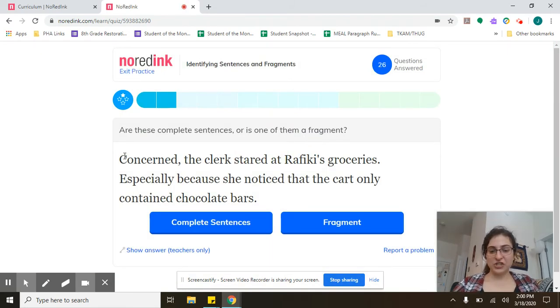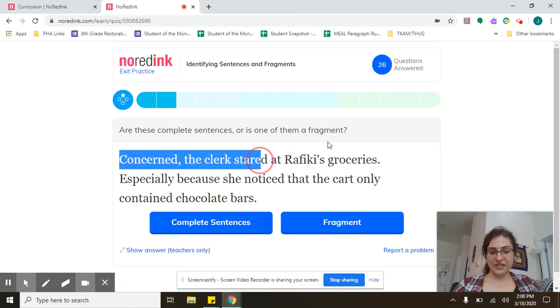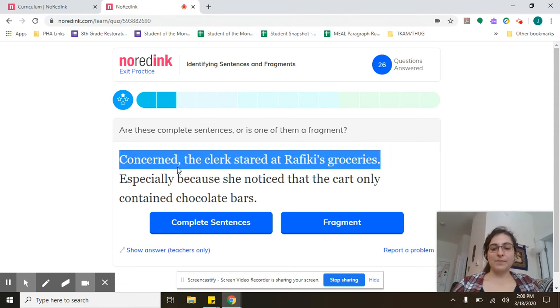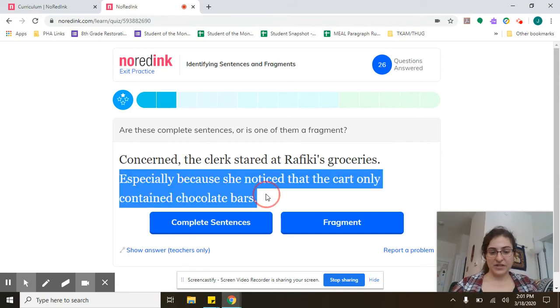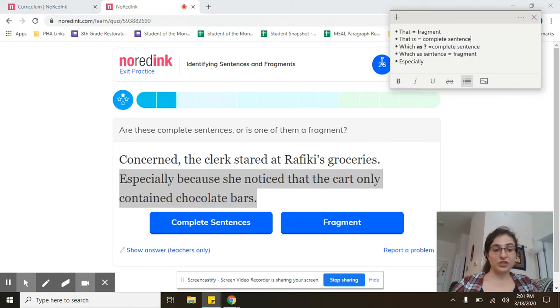All right, "Concerned, the clerk stared at Rafiki's groceries." By itself, "concerned" would not work, but because it's attached to "the clerk stared at Rafiki's groceries," that one is good to go. Next, we have "Especially because she noticed that the cart only contained chocolate bars." Now, "especially" can be a little tricky.